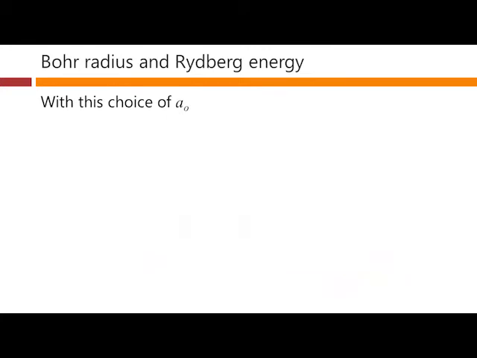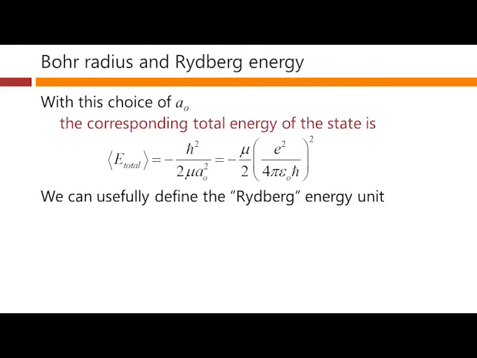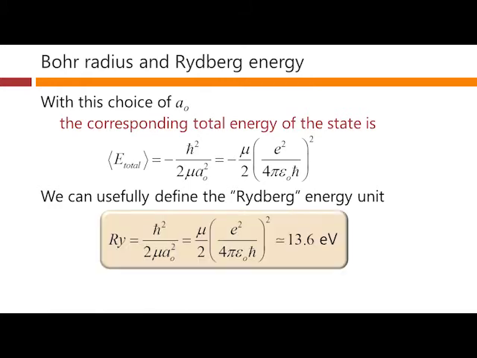With this choice of Bohr radius we've just come up with, the corresponding total energy of the state, if we plug that back into our previous formula, would be this expression here. And we can usefully define something that we call a Rydberg energy unit. So that's just this expression here without the minus sign. This energy unit here is called the Rydberg.